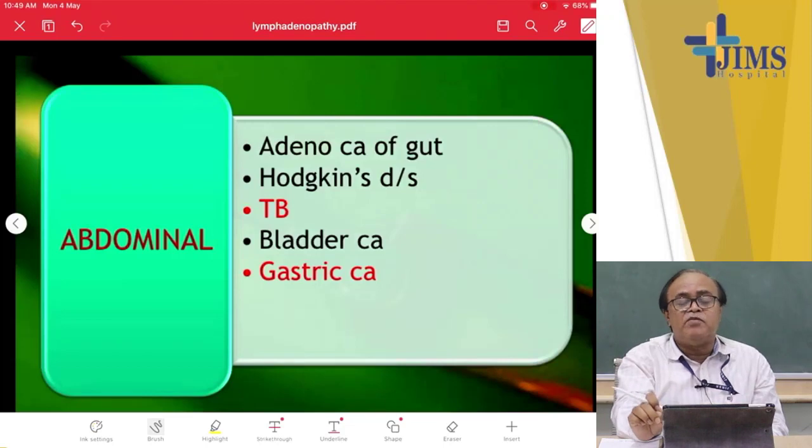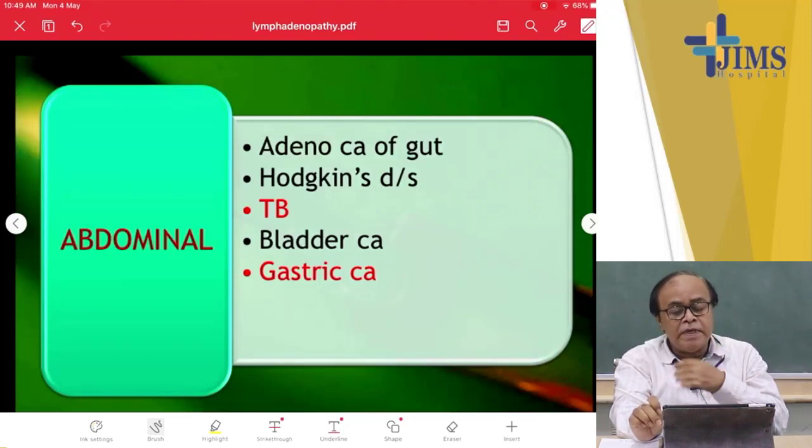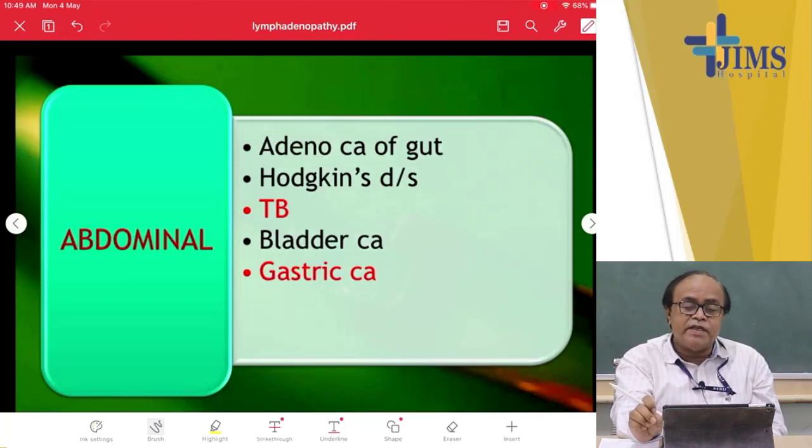Then abdominal lymph nodes. If abdominal lymph nodes are palpable, source of the infection mainly malignancy and tuberculosis.